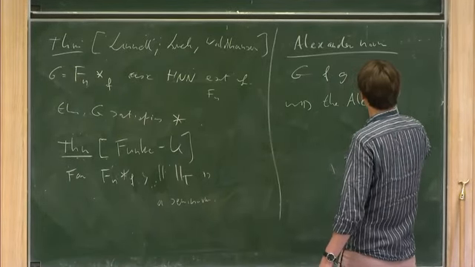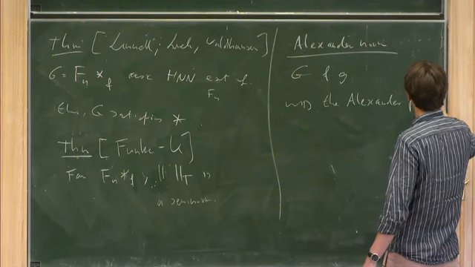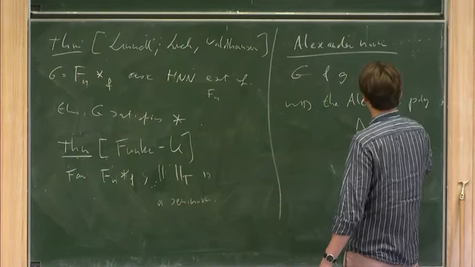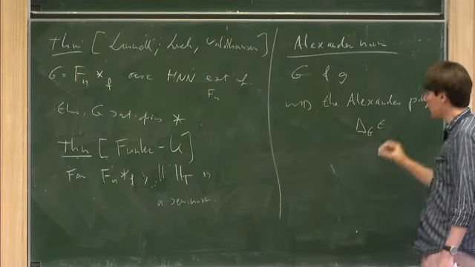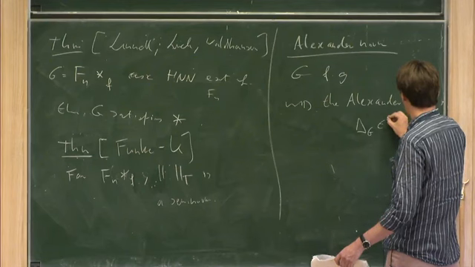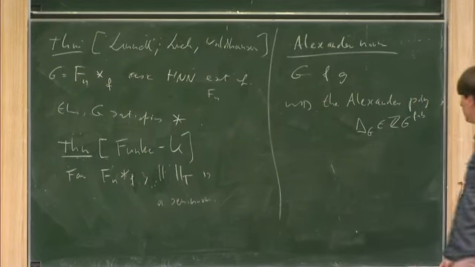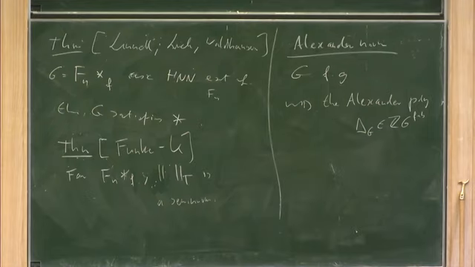I don't have time to tell you how you do it. You probably heard about it in the context of knots. You can actually do it for finitely generated groups. It is an element in the group ring of Z G fab. Okay, it's a well-defined object.